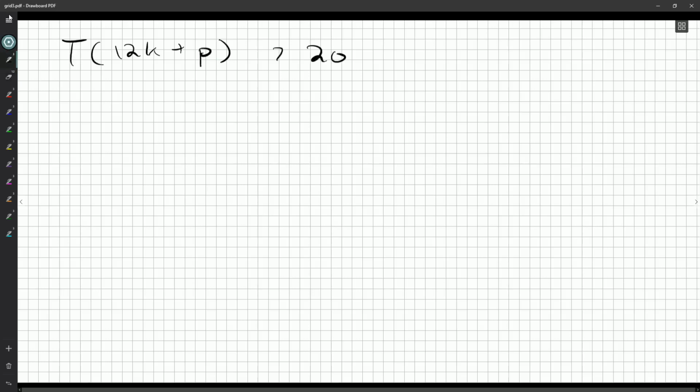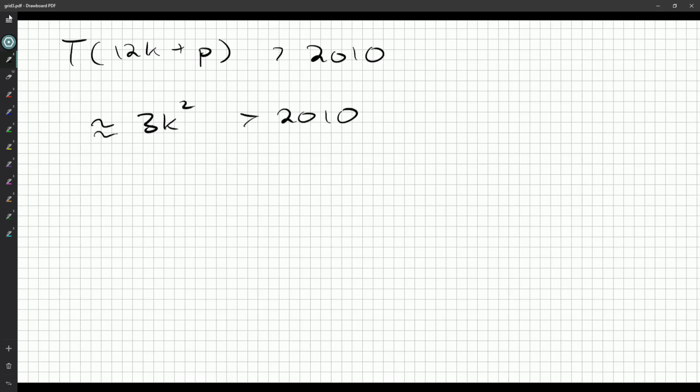So if I want that to be greater than 2010, roughly I need 3k squared to be greater than 2010. So we can bust out the calculator now, divide it by 3. So 670, square root that. It's going to be about 25.